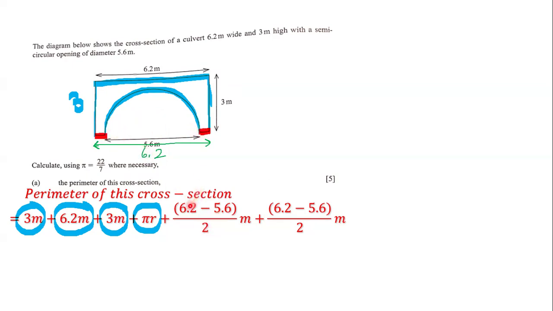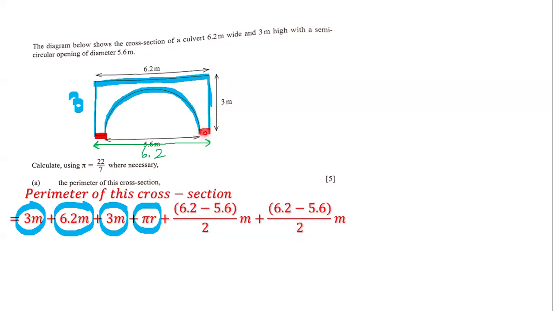When we divide by 2, we get this particular distance by itself and this particular distance by itself. So we have 6.2 minus 5.6 divided by 2, which is this distance, and we do it again, 6.2 minus 5.6 divided by 2, which is this red portion right here.